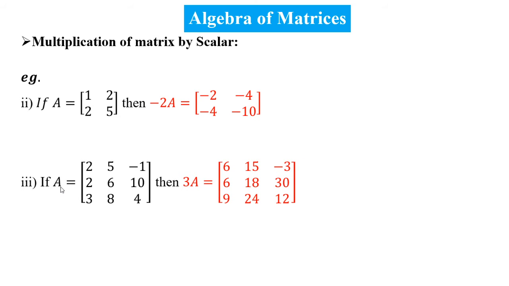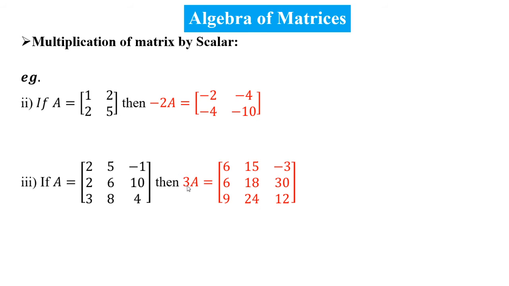If A has order 3, then we have to find 3A. So we multiply 3 as a scalar with each element. 3 into 2 is 6, 3 into 5 is 15, 3 into minus 1 is minus 3. Then 3 multiplied by the second row: 3 into 2 is 6, 3 into 6 is 18, 3 into 10 is 30.